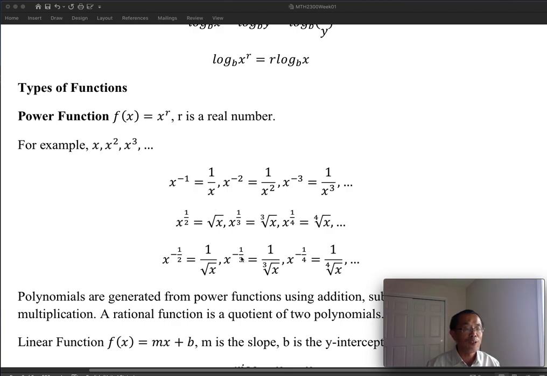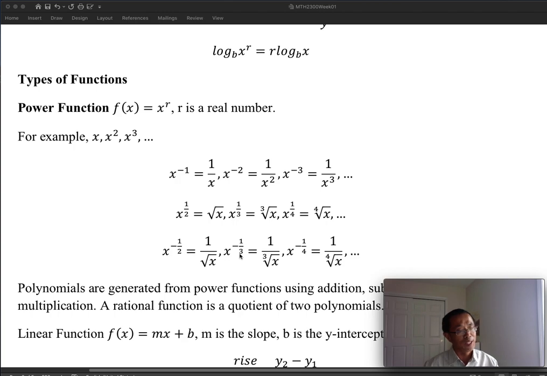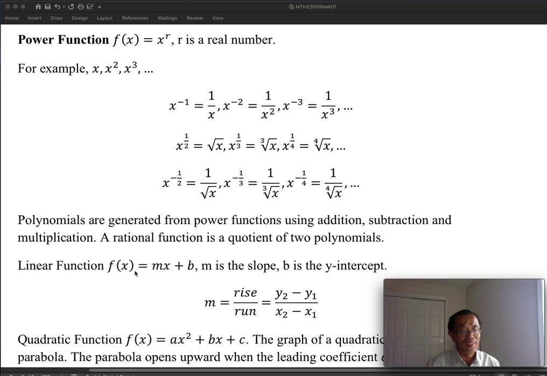Now let's go back to the things we might be very familiar with, like linear functions. This is a linear function, right? I say it is generated from the power function, especially using x only. Multiply x by a constant, then add another constant. That is a linear function.